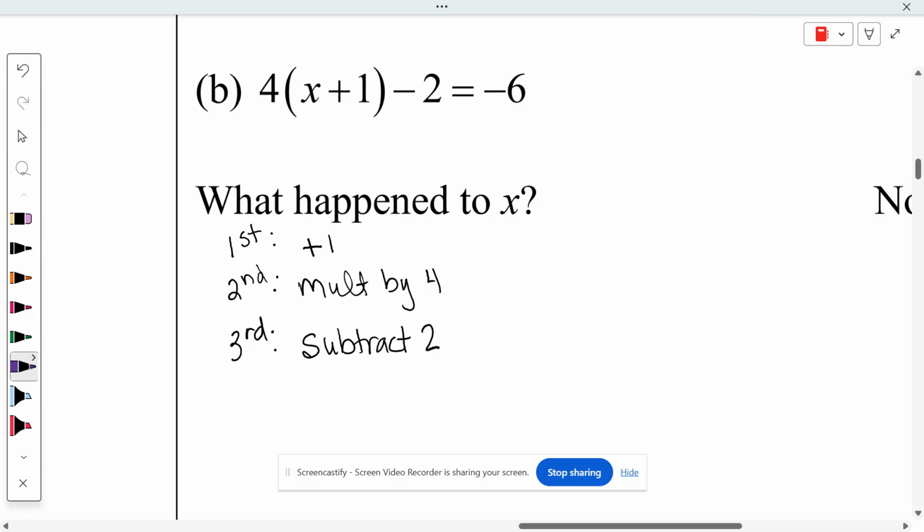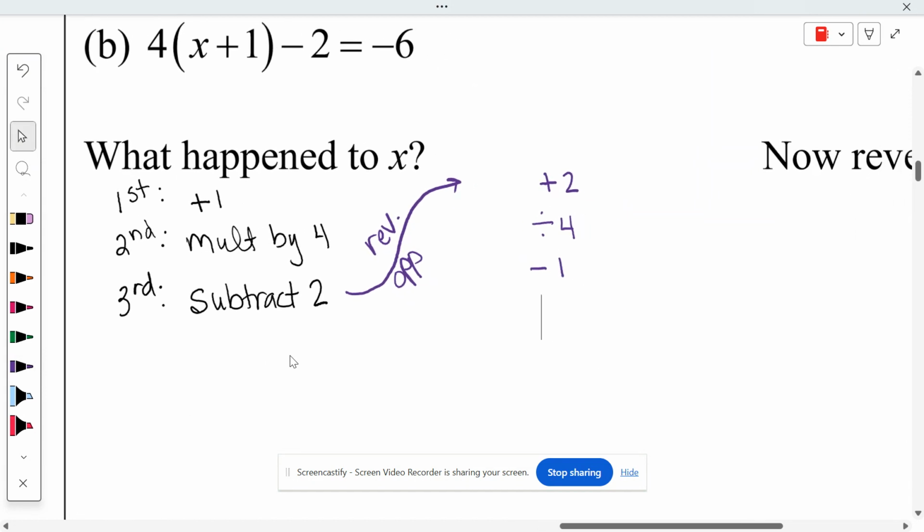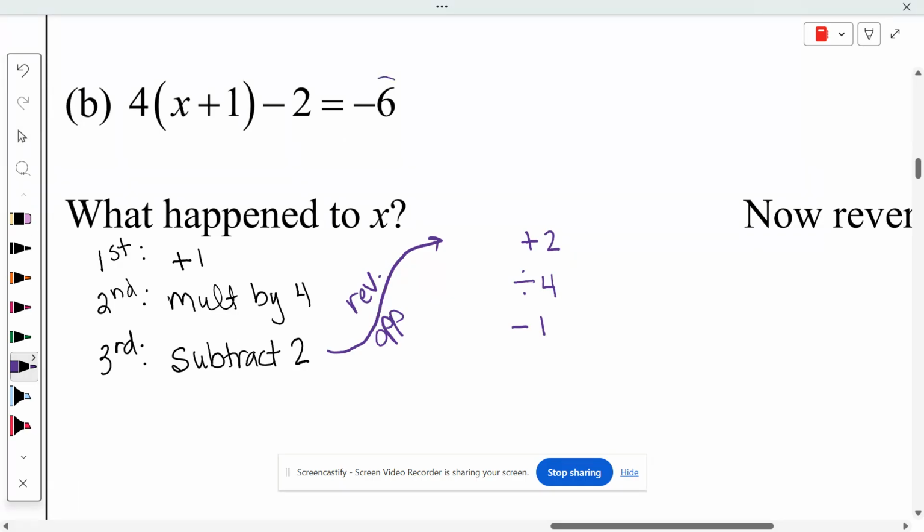So when we think about the reverse opposite, the opposite of subtract 2 is add 2. The opposite of multiply by 4 is divide by 4. And the opposite of add 1 is subtract 1. Well, what do all of these operations that we do to x equal? They equal negative 6.